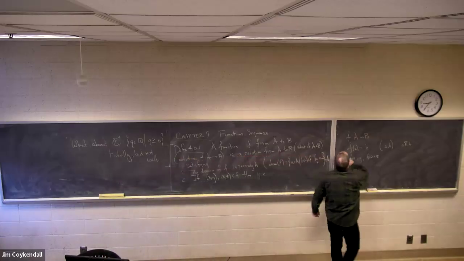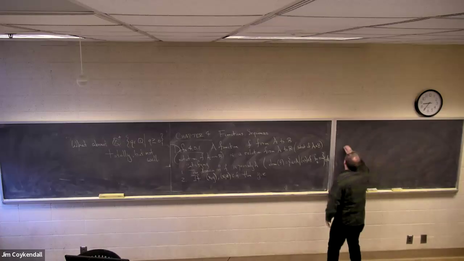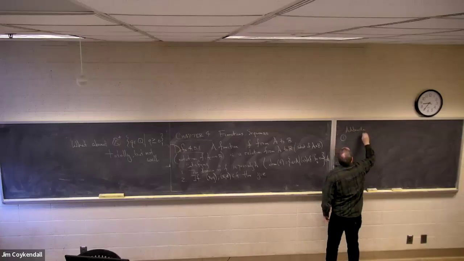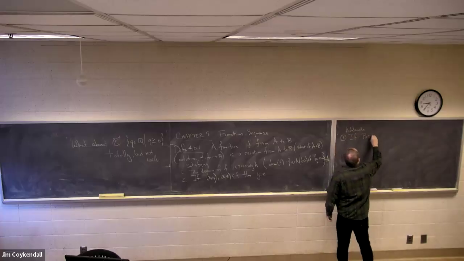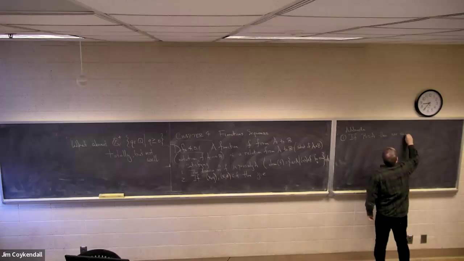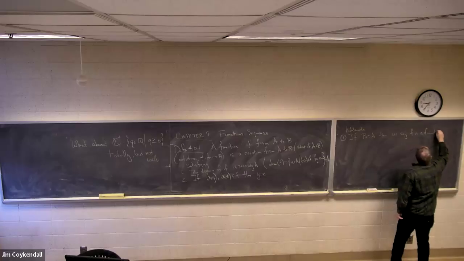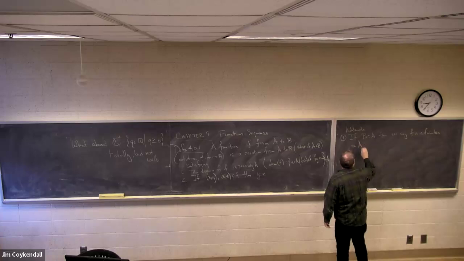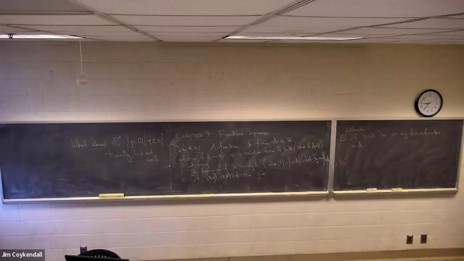Let me do some follow-up here. Number one: part of our language, if B equals A, then we say F is a function on A. So in the special case that it's a function to itself, this is all calculus, right?